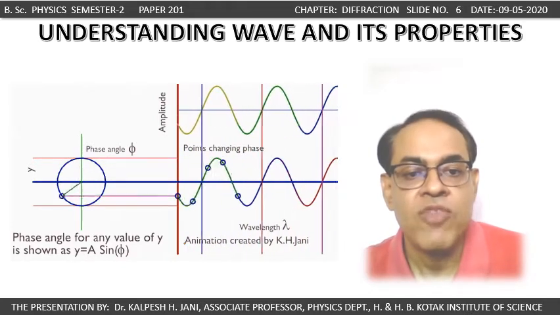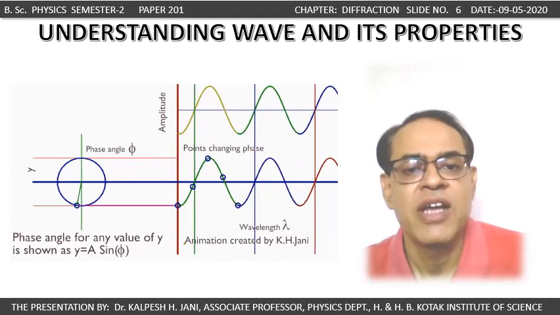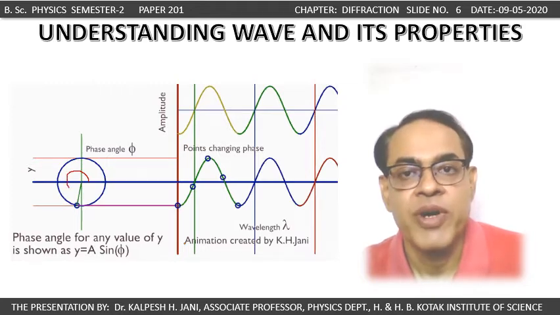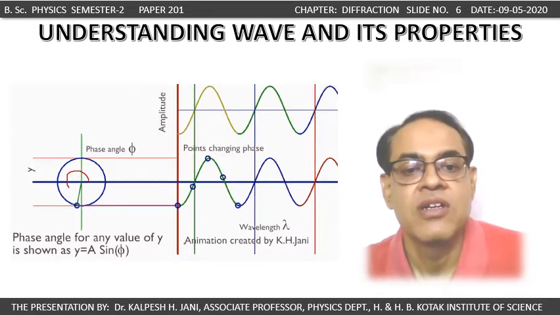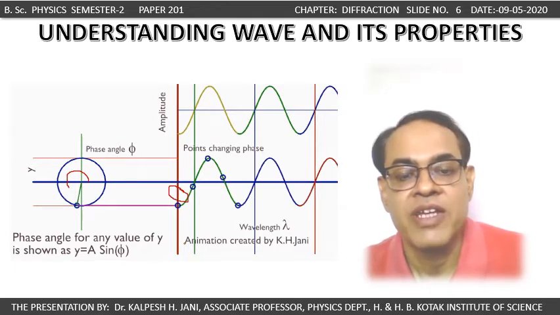Suppose I stop this animation at one point, and I give the angle which this point moving on the circle has made, which resembles the displacement made by the constituent in the y direction.